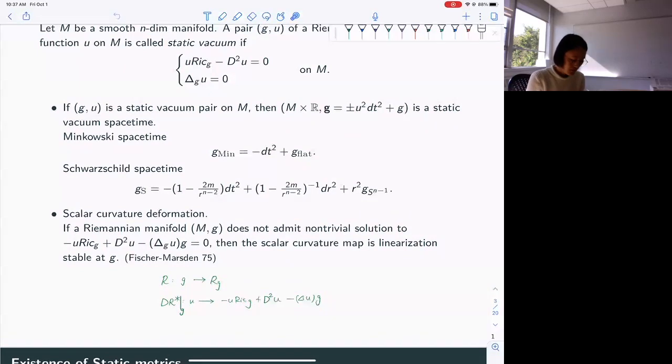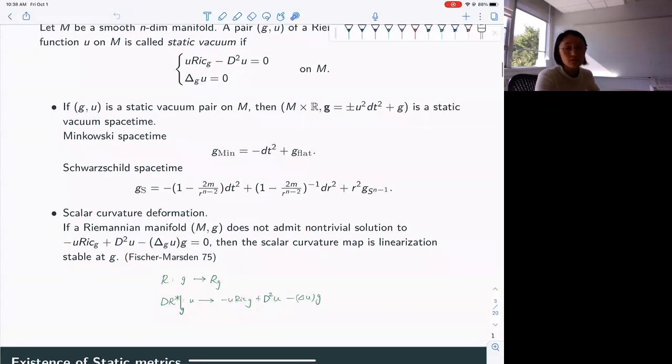And we observe that if this background metric g has flat scalar curvature, then this equation is equivalent to the static vacuum system. So that's the aspect of static vacuum in the study of differential geometry.